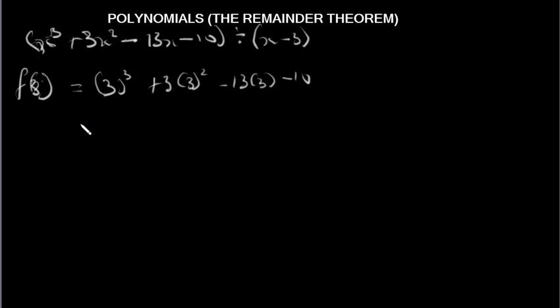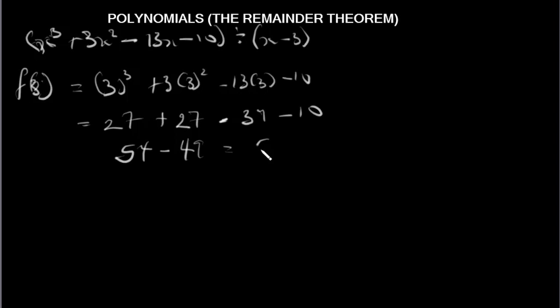And this equals 27 plus 27 minus 39 minus 10. If you evaluate this, you find out that this is 54 minus 49, and that equals 5.